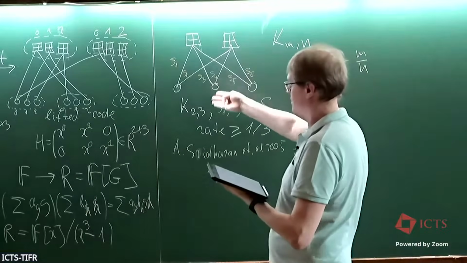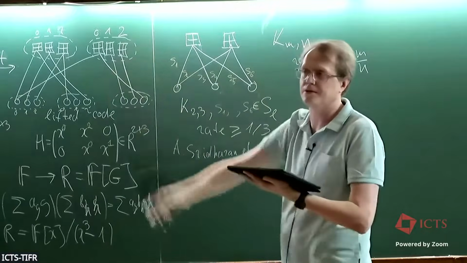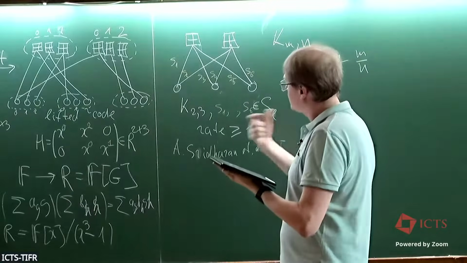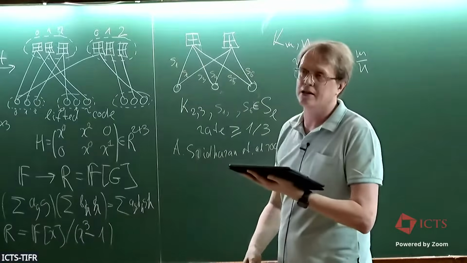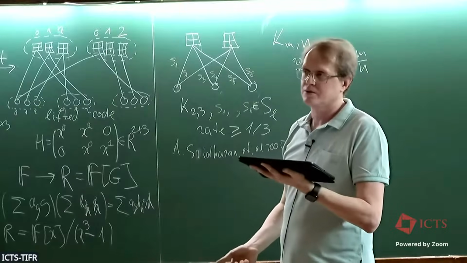Let us consider just, for example, this example. Here we get an infinite family of codes. And what they show is that if you choose randomly these permutations, then with high probability, you get a good code.